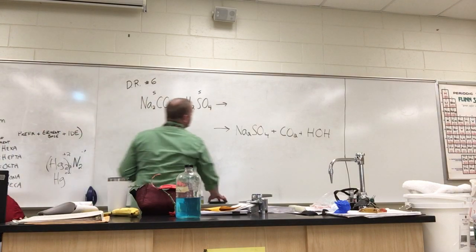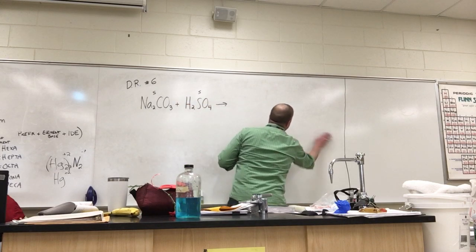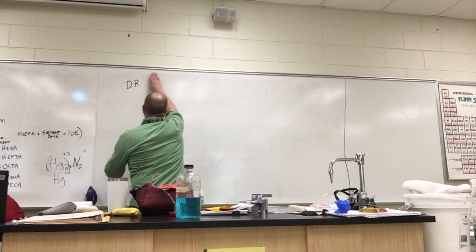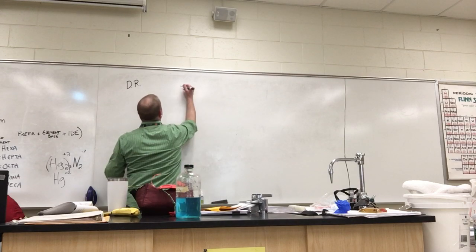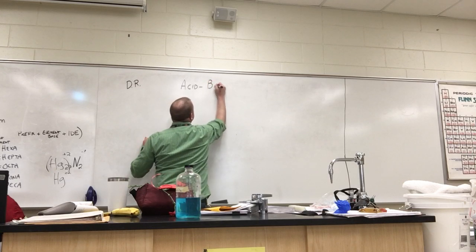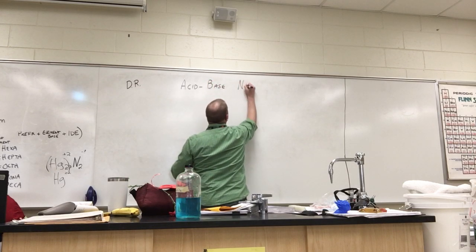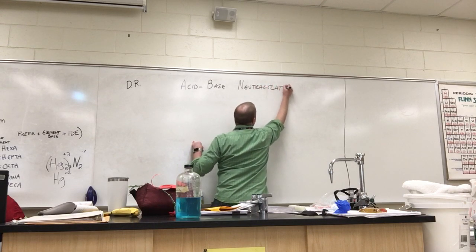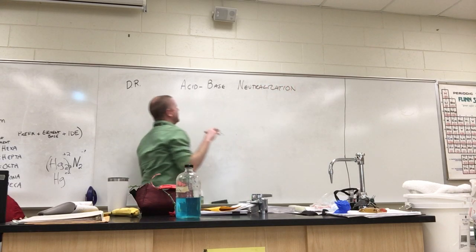All right, so we're going to turn the page now. The next page is super duper easy. It's really just a double replacement, but we give it another name, and we call them acid-base neutralization reactions. And the name means what it says, right?